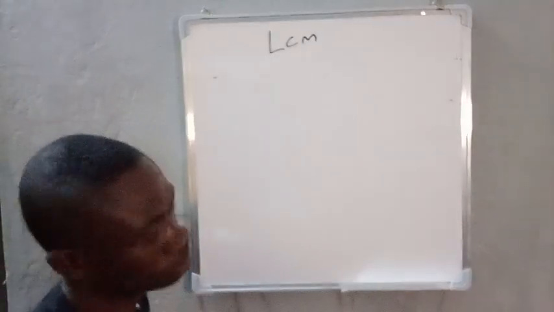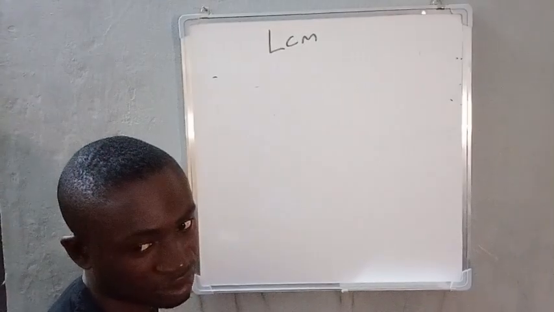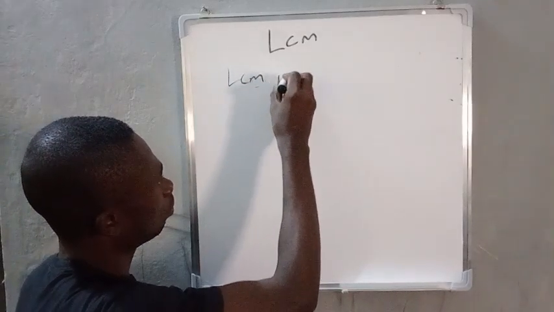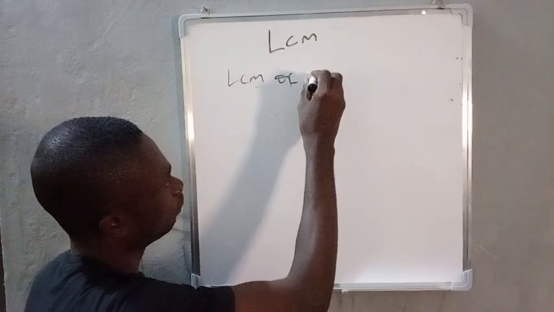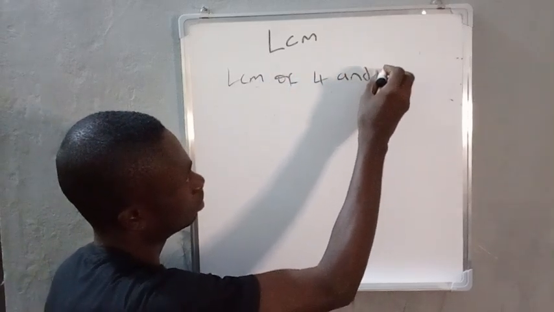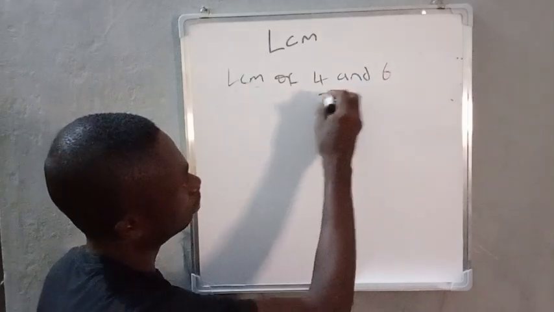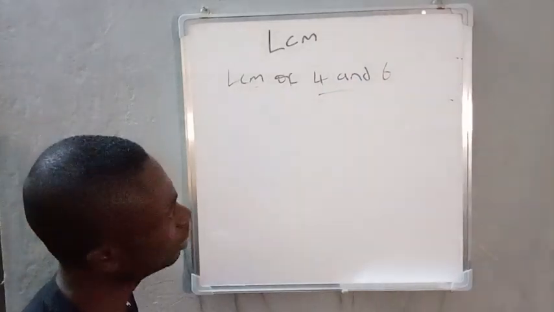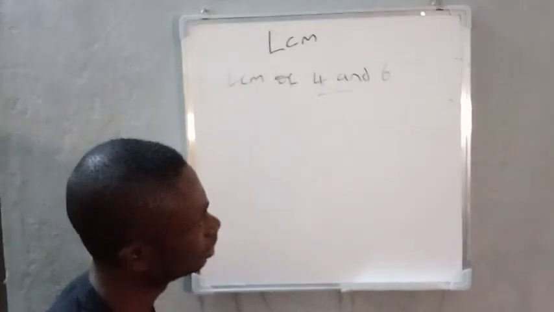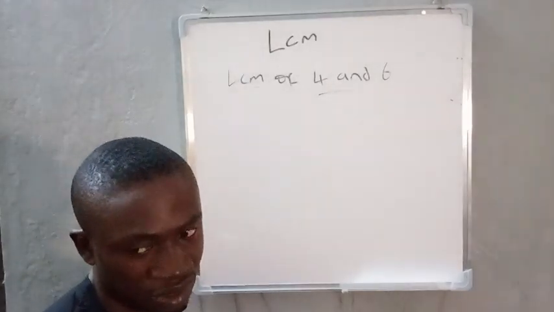So let's start from small numbers first. For instance, they ask you to find the LCM of 4 and 6. So you are given a work like this. How do you find the LCM of 4 and 6?